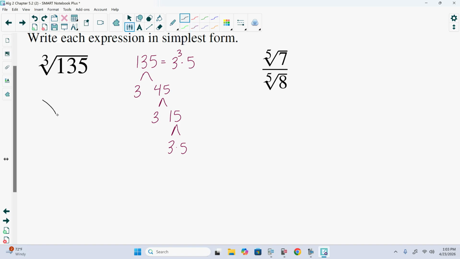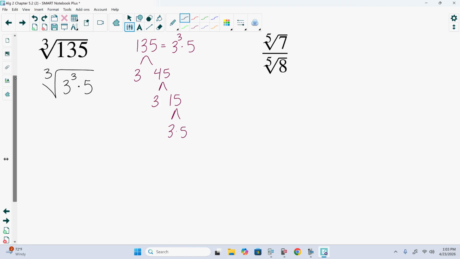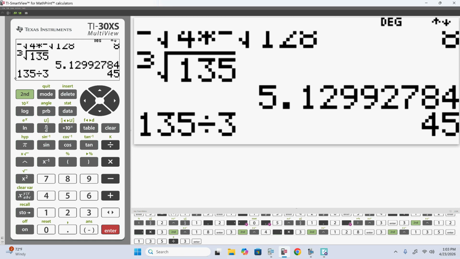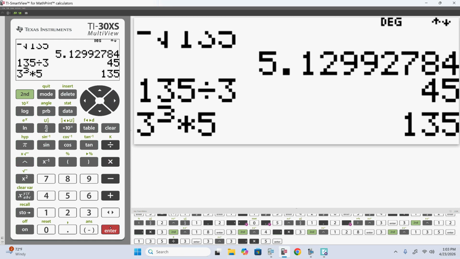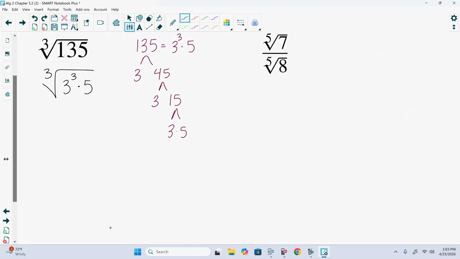So that means we can come over here and replace 135 as 3 to the third times 5. Now, if we're not sure we got the factor tree right, 3 to the third times 5 is indeed 135. Questions on how we got to this here? Product property of radicals says I can split this.